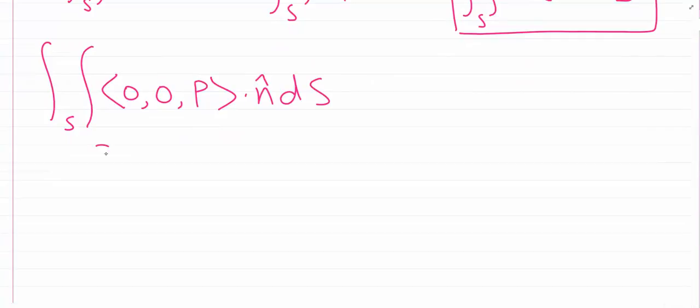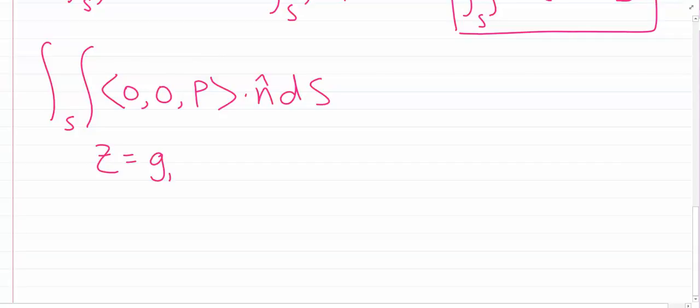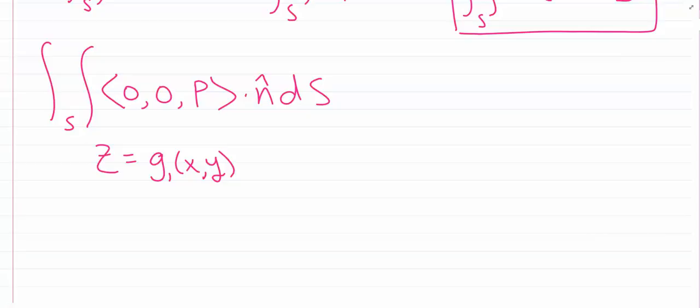We're going to look at z equal to g1(x, y). And because the vector is pointing down, the outward normal is pointing down, I'm going to write the gradient this way. Let me just drop subscripts for now and say we have G(x, y, z).